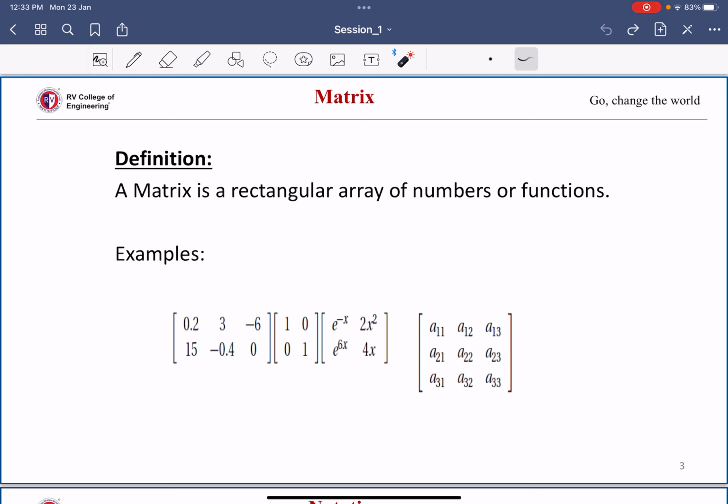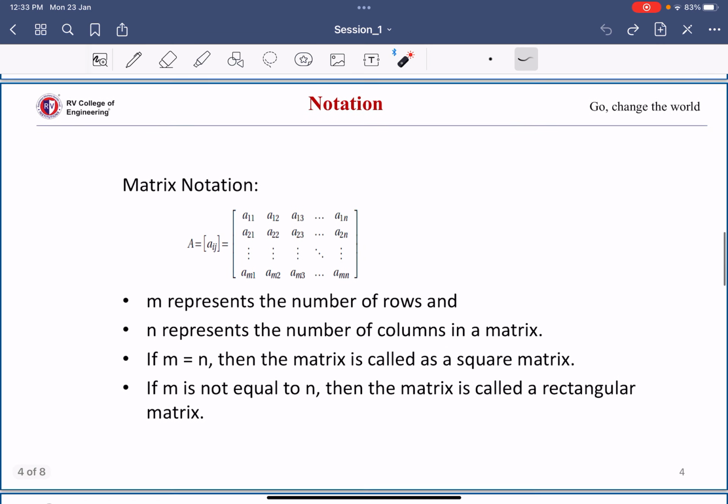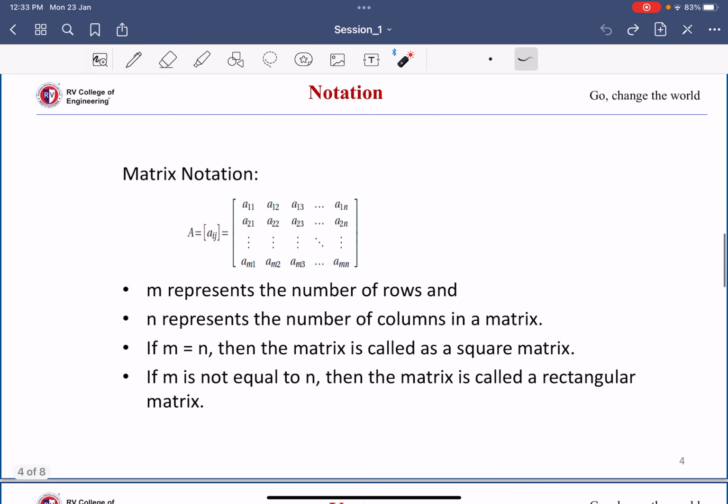So here are a few examples of a matrix. So you have examples of both the rectangular matrix as well as the square matrix. How do we denote a matrix?